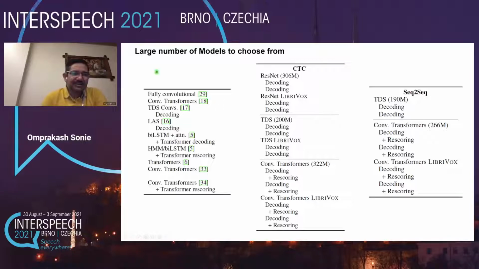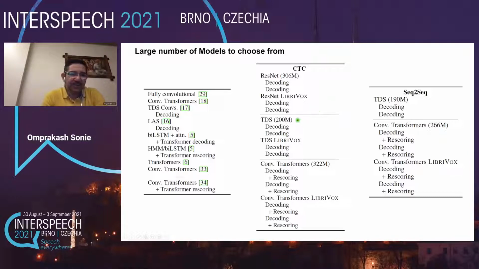Again, the number of possibilities is very high. Looking at CTC, there is a model with 360 million parameters, then the LibriVox data set, which is a huge data set, I think 50,000 hours.